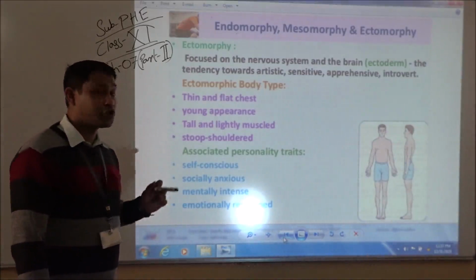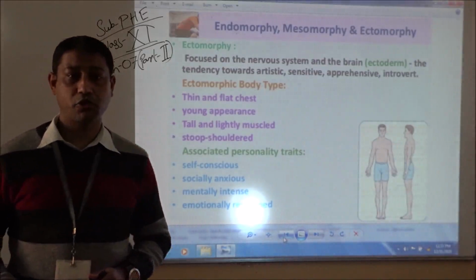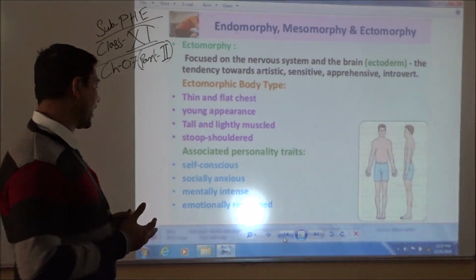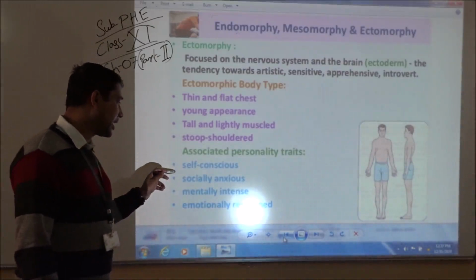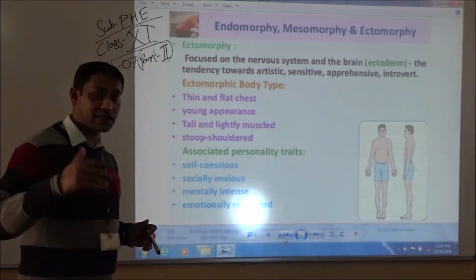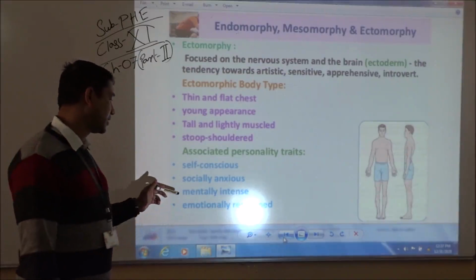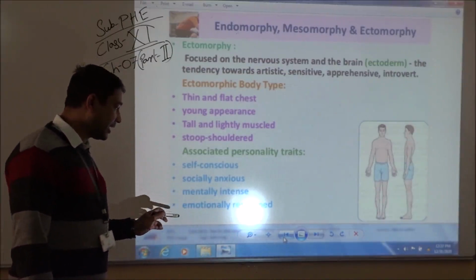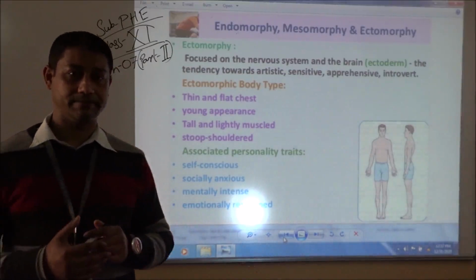They have stooped shoulders. Some of the personality traits of ectomorphs are that they are self-conscious, socially very anxious, mentally intense, and emotionally restrained.